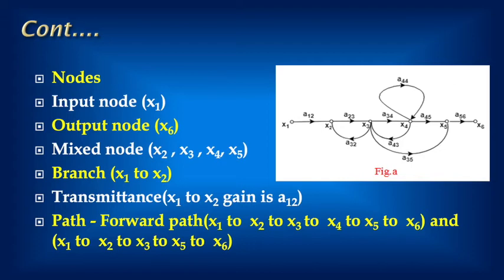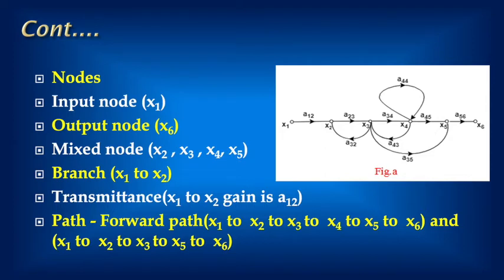Mixed node: a node having both incoming and outgoing branches is known as a mixed node. Here x2, x3, x4, x5 have both incoming and outgoing branches.